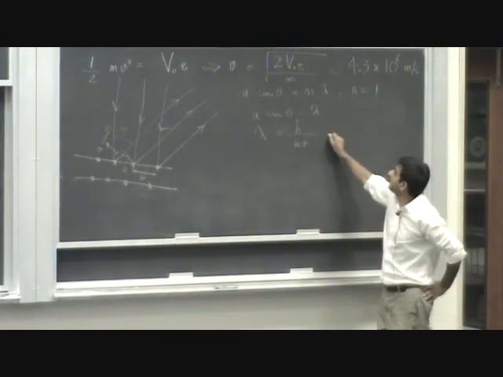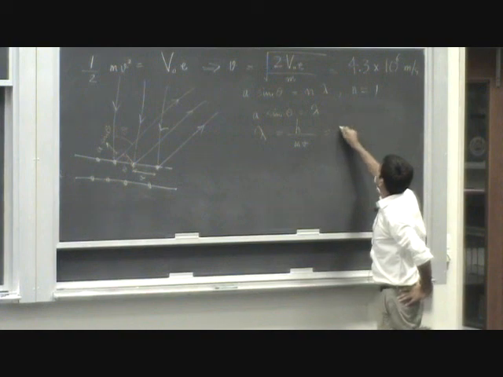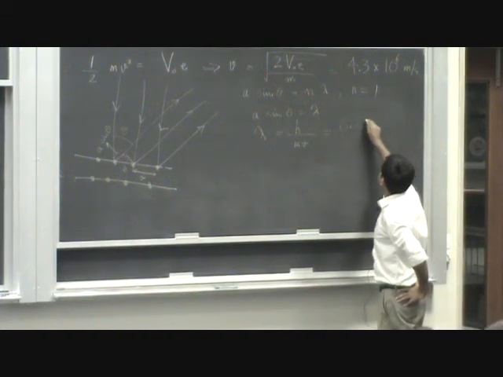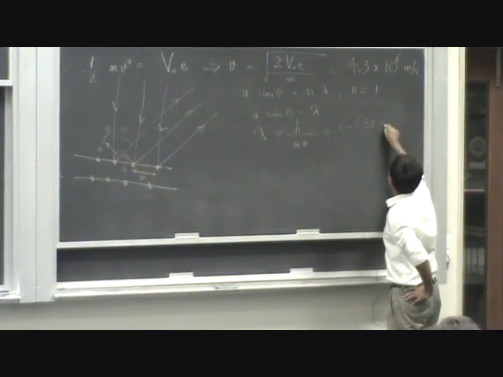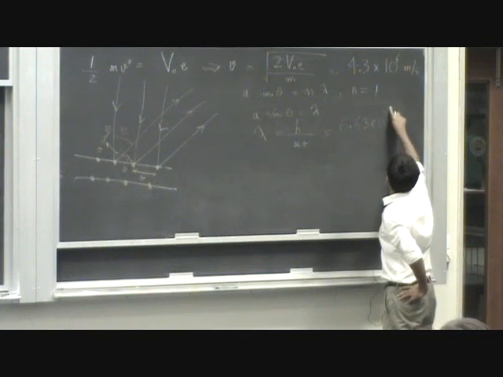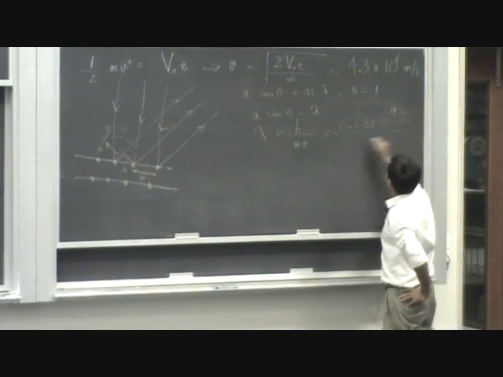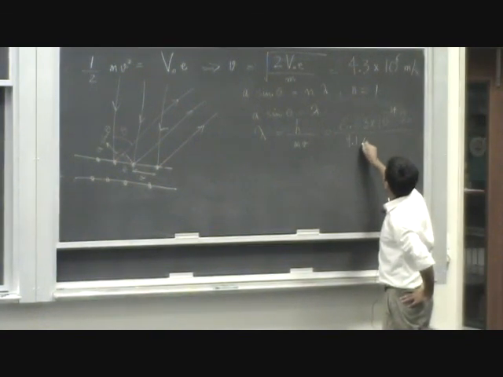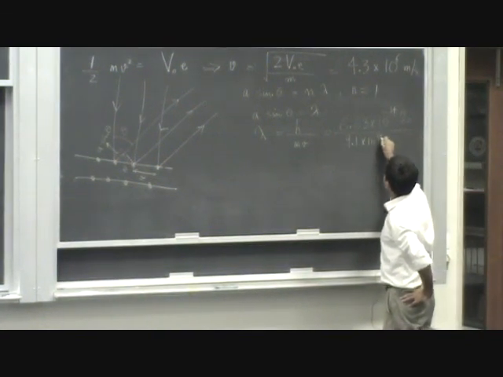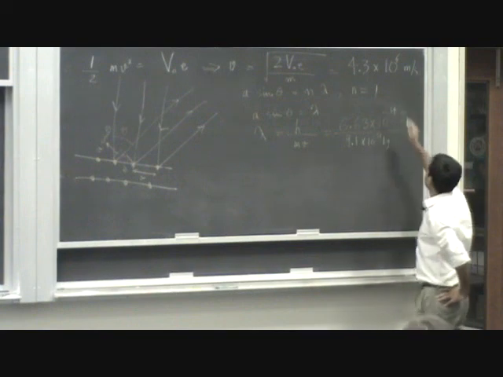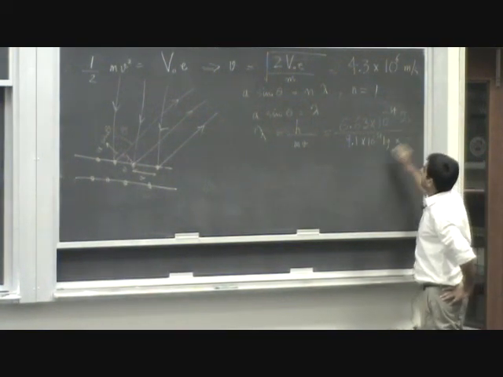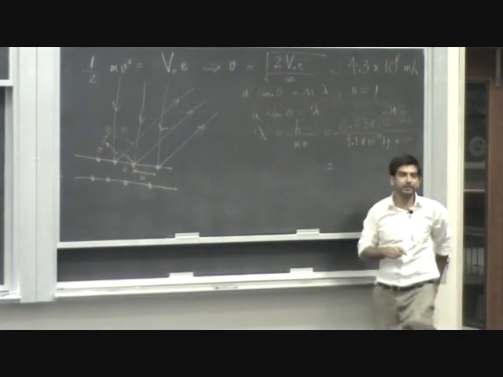So can you find this value for me? h is 6.63 into 10 raised to power minus 34 joule seconds, m is 9.1 into 10 raised to power minus 31 kg, and the speed, you've already calculated the speed. Can you find out the wavelength for me, please?